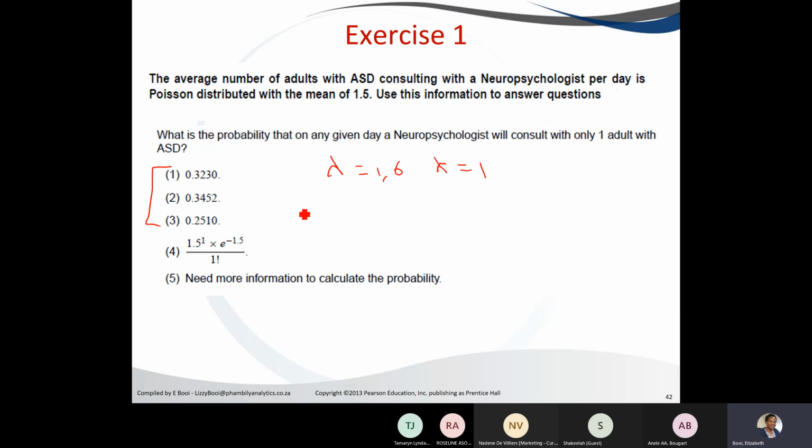The fourth option is asking whether you know how to substitute into the formula: e to the power minus lambda times lambda to the power of x divided by x factorial. That's all they're asking you to do.